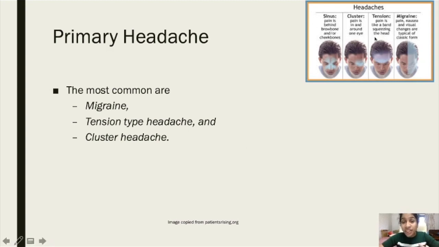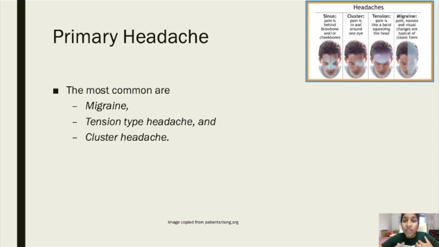And in tension type it is a band type squeezing pain. And in migraine the pain will be there with nausea and visual changes, visual disturbances, so sensory nerves are also affected.